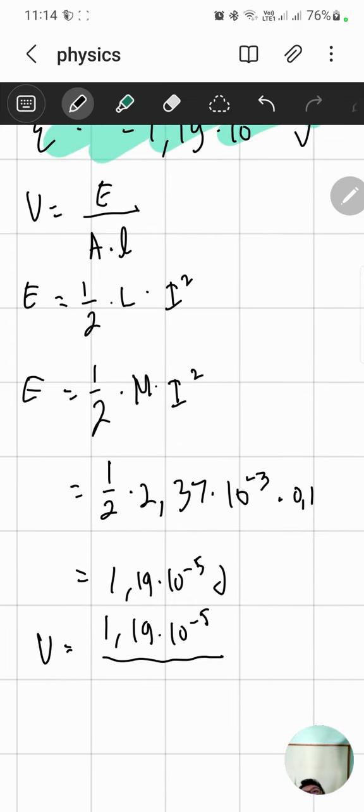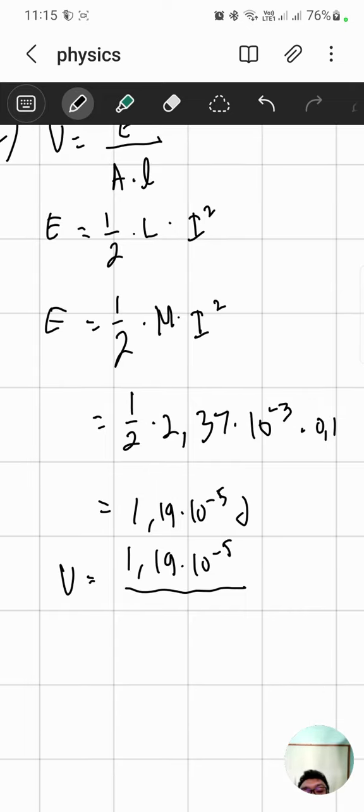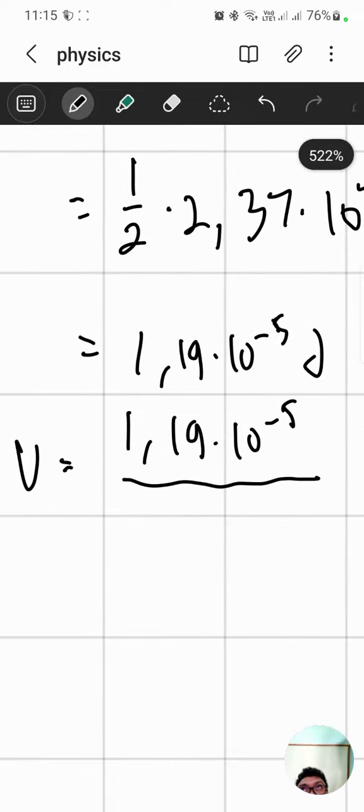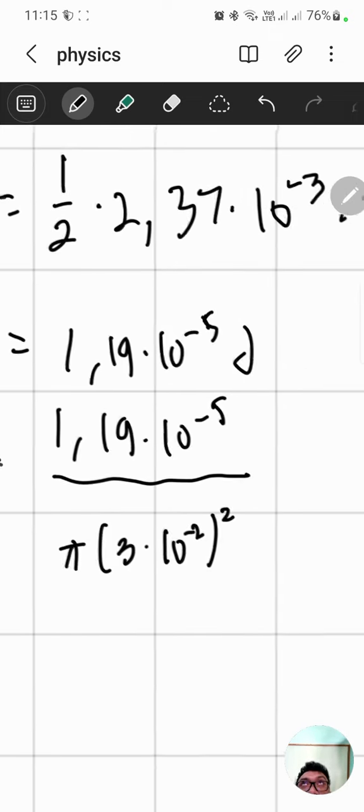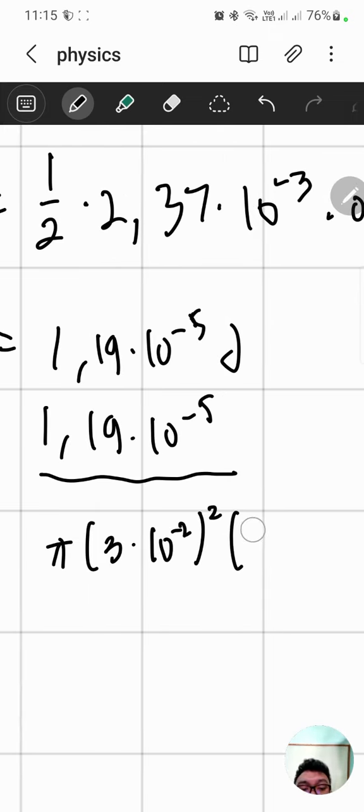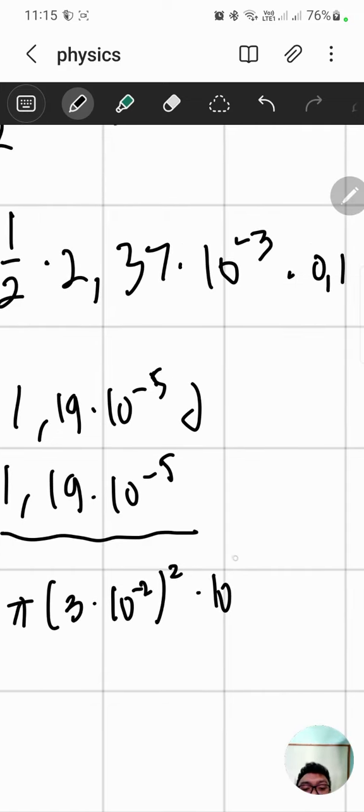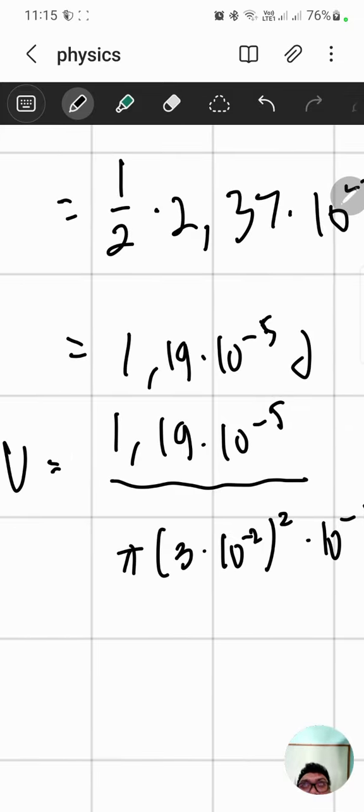The A is pi times r squared, so the A can be written as pi times 3 times 10 to the minus 2 squared, times 10 to the minus 1, which is the length.